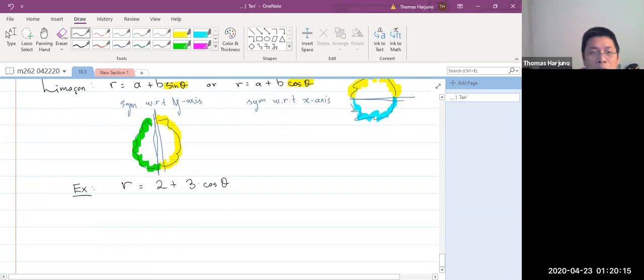From here we see this is symmetric with respect to the x-axis. So if I need to graph this and to save time, we'll graph for theta from 0 to pi only, then flip to get the graph below, the other side.